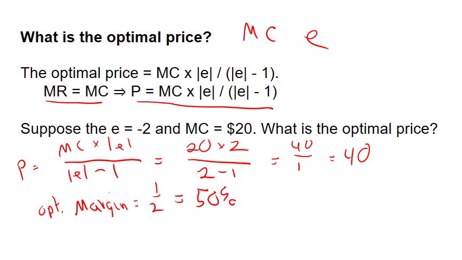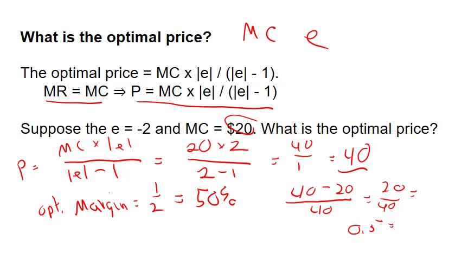Notice when price is 40 and marginal cost is 20, the margin of price over marginal cost is 40 minus 20 divided by 40. 20 divided by 40 equals 0.5, equals 50%. So the optimal price of 40 makes the actual margin equal to the optimal margin of 50%.